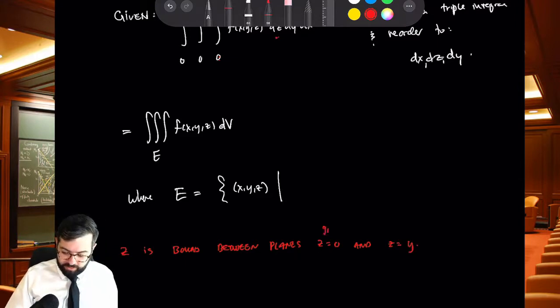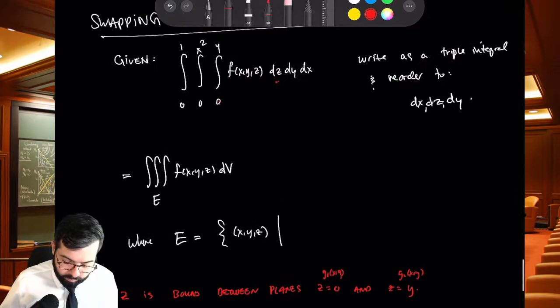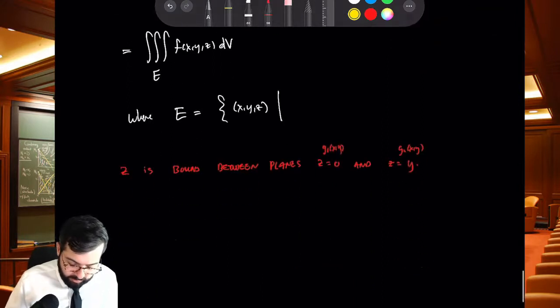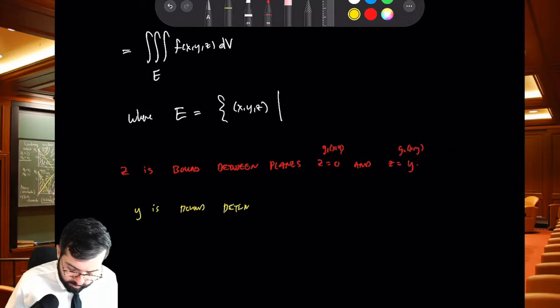This is technically a function of x, y. And then y is a function of x is our next one. We see that y varies between y equals 0 and y equals x squared.